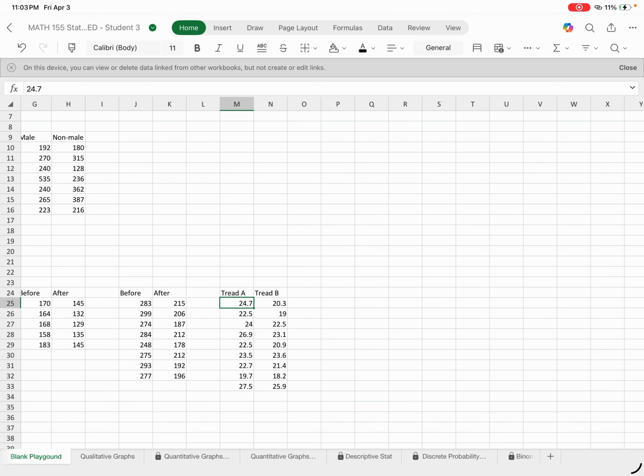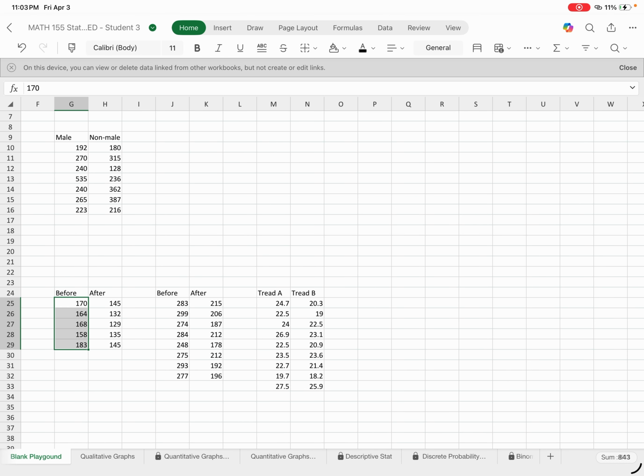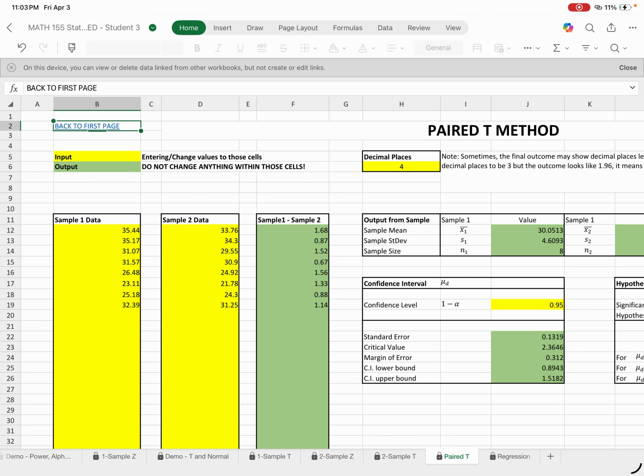And we've already got the numbers right here. I'll go over to paired T. In case we have these 5 data points.